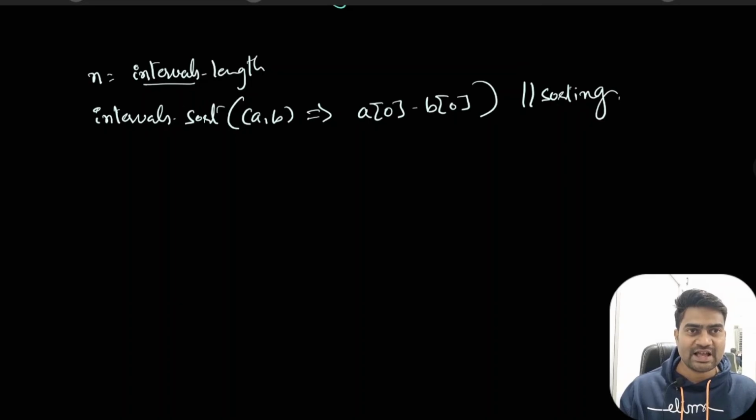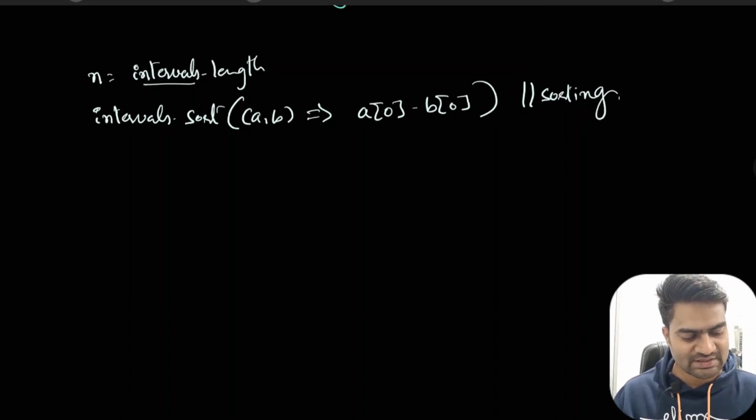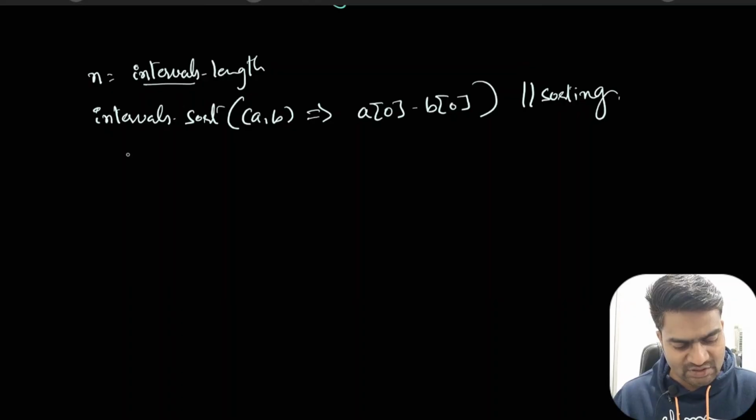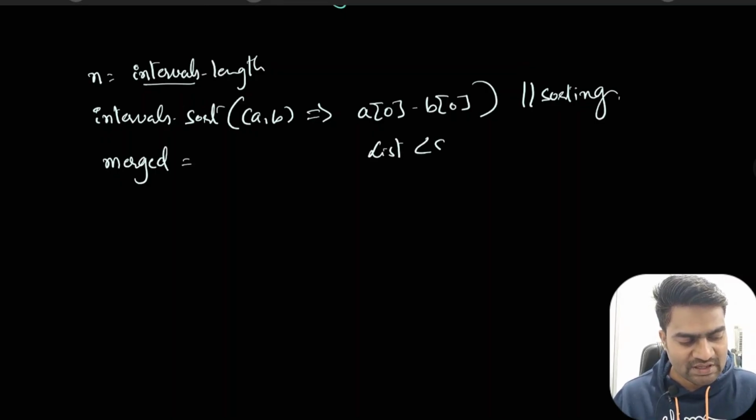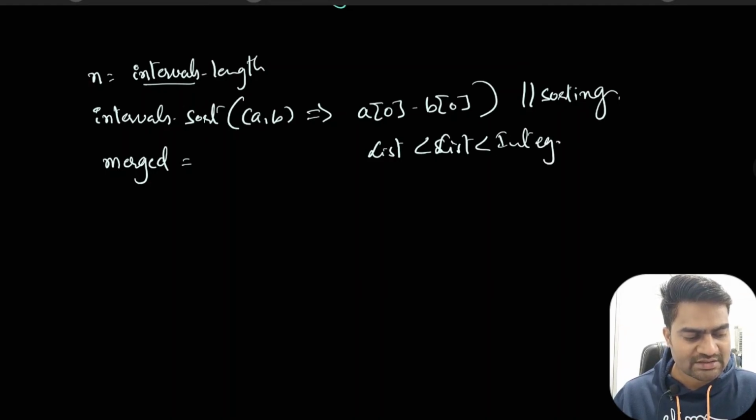Now once after this, we will simply use the merge interval technique. So for that, I will take an array. Basically I will say it is a merged array, or you can also consider it as a list of integer arrays in Java.